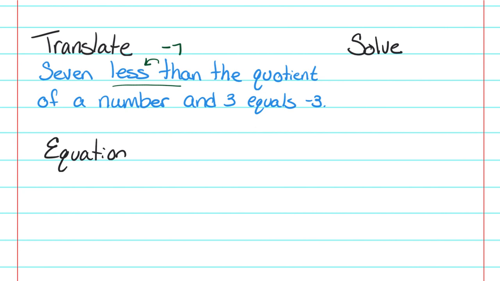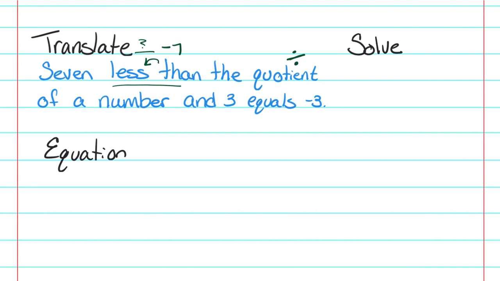I'm not going to start with minus 7. I'm going to have something, and then take 7 away from it. Quotient is one of those weird words, remember? Quotient means division.